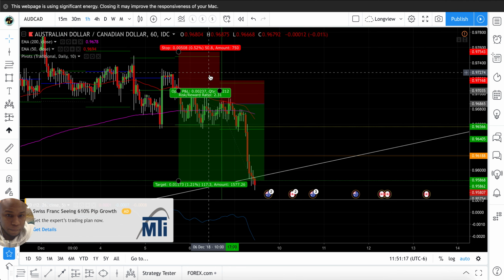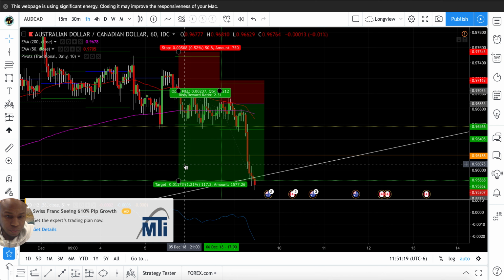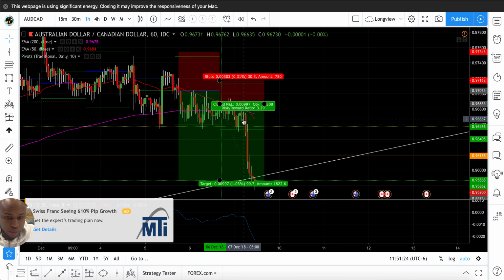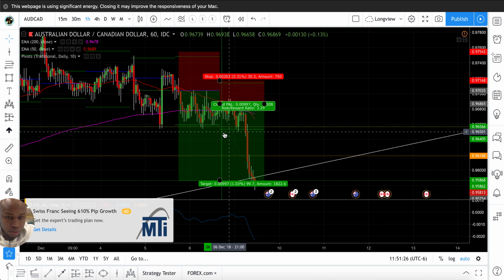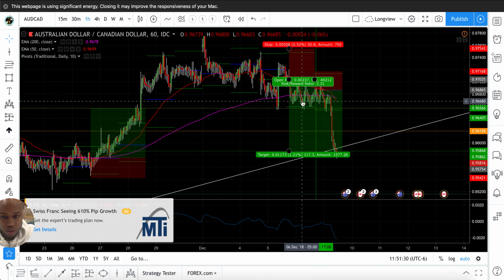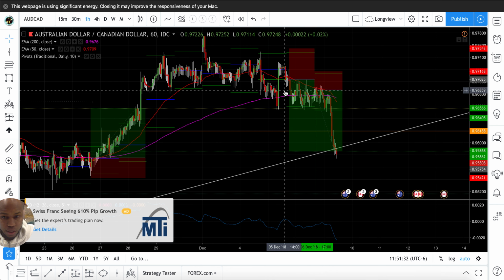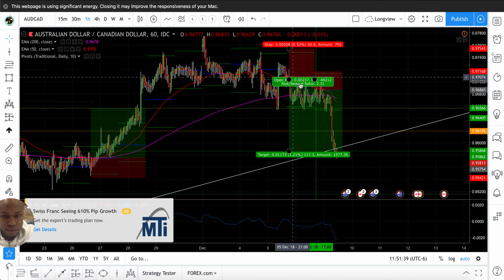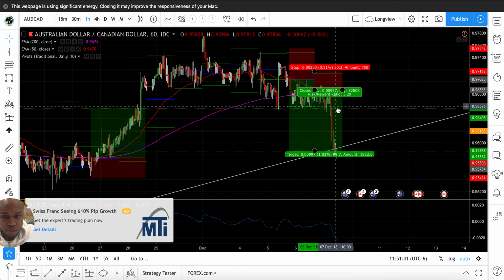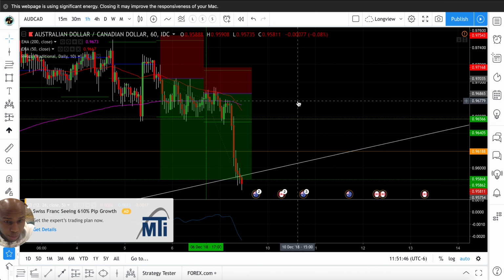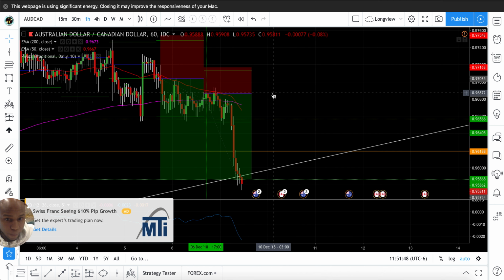This is only a 2-3-1. This is actually a way better trade, 3-2-9. One of the things I like to see is a move in the direction that I'm hoping it goes, and then a pullback to test a level where all these lines converge. These lines converged here, so you see the red line, the pink line, and then this blue pivot point.